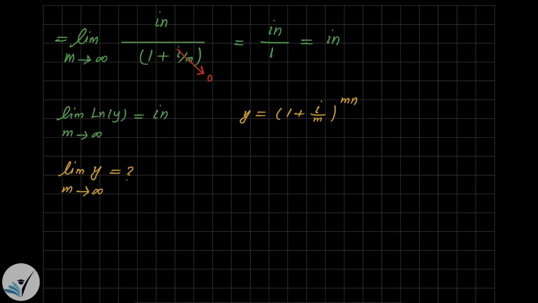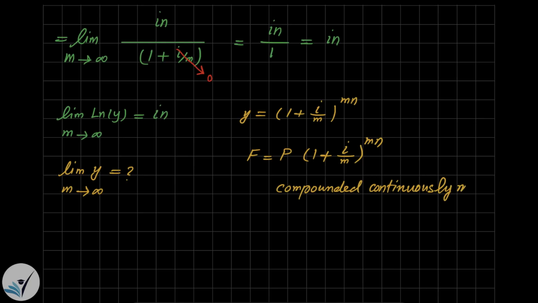And to remind you, we started with this total balance F equal to P times 1 plus I divided by m to the m times n, and for the interest that is compounded continuously, m approaches infinity, and that's why we needed to calculate the limit of this expression here, and we defined this expression here as y. We replaced it with y.